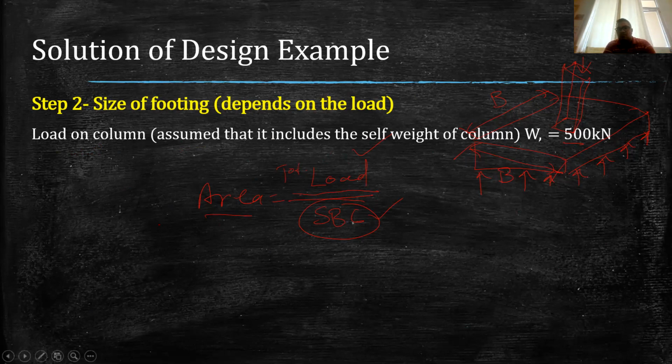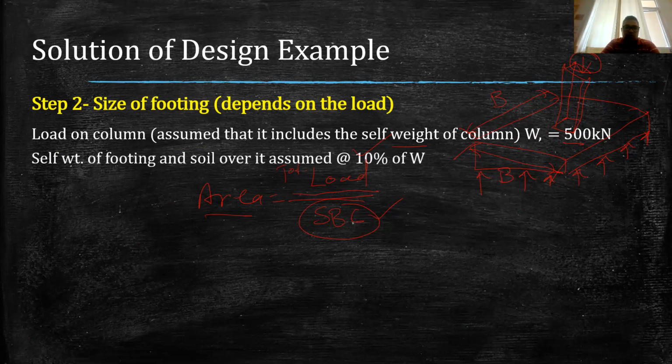In this, sufficient data is not given, so therefore we will assume that the load which is coming from the column is including the self weight of the column. Beside this load coming from the column, there will be another load which will be supported by the foundation, which is the self weight of the foundation. Now we cannot find out the self weight because we don't know the dimension of the foundation.